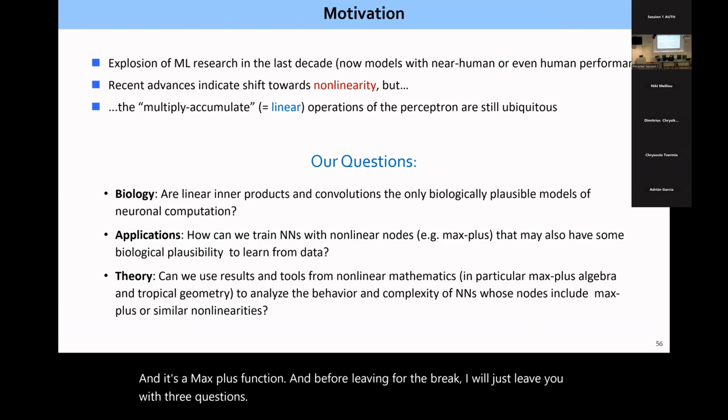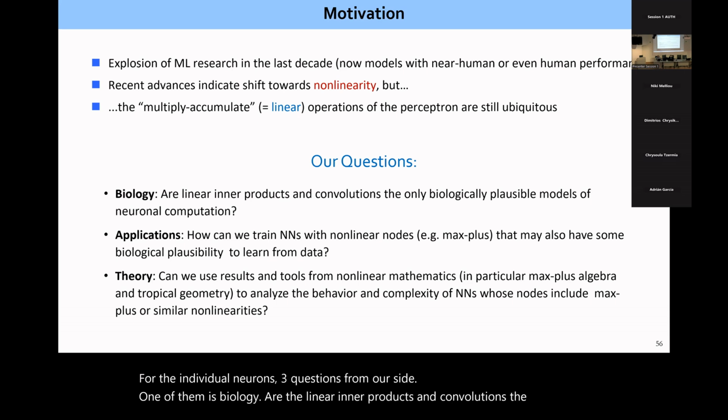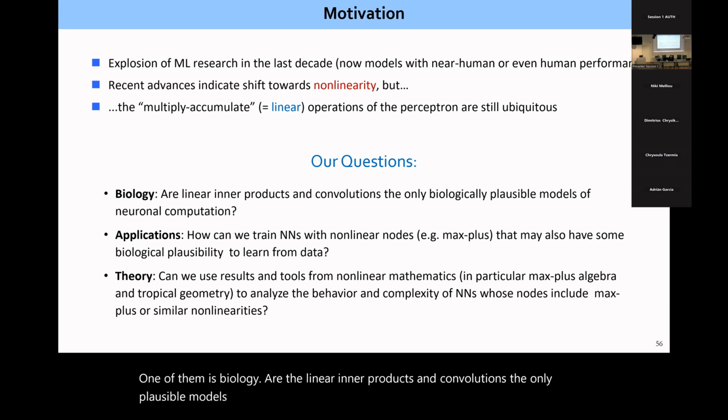So far, the explosion in machine learning research uses this multiply accumulate paradigm everywhere for the individual neurons. 3 questions from our side. One of them is biology. Are the linear inner products and convolutions the only plausible models biologically for neurocomputation?